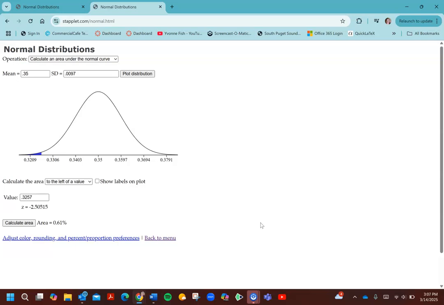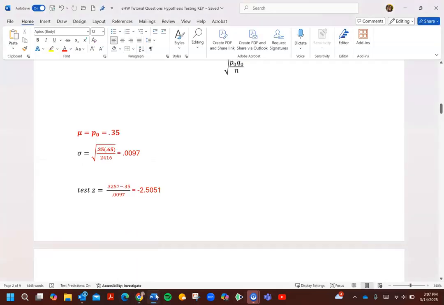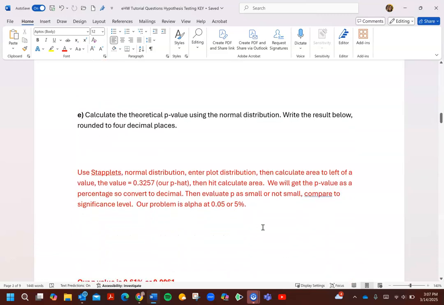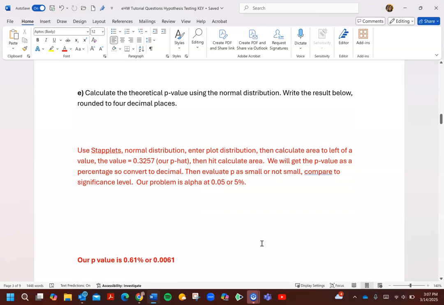Usually for significance levels, we use the decimal version. And you can see that's a small tail. So there's the directions for that, and then compare. So we got 0.61% or 0.0061, and you would enter that in for part E of question 8 in my Open Math.